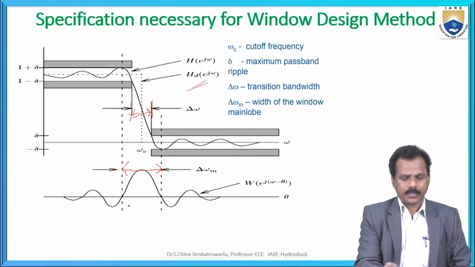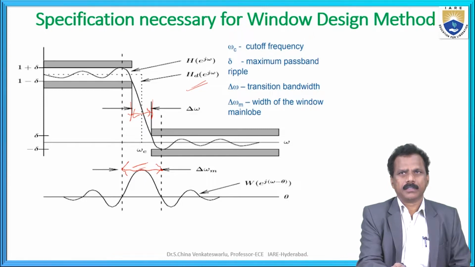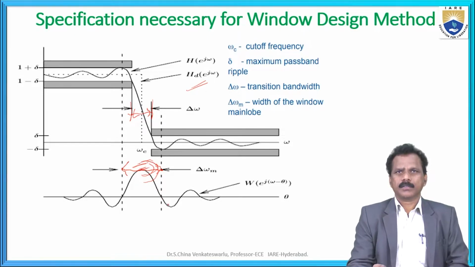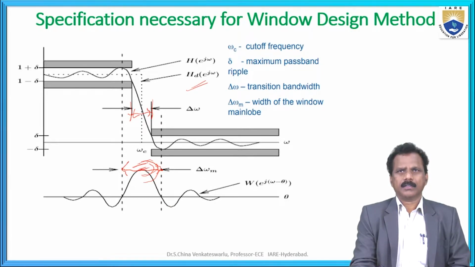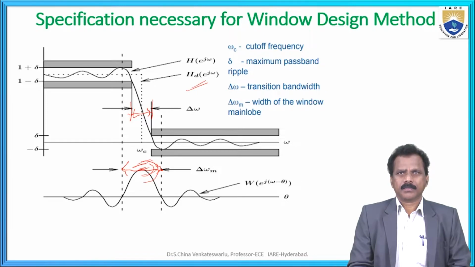The delta omega m is the width of the window main lobe. Like this, you should follow all of it, where delta and the desired frequency response D of e power j omega are given. This is the specification necessary for windowing design aspects. So you should follow all this.